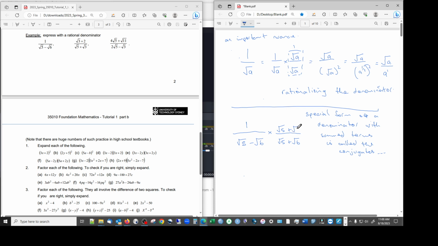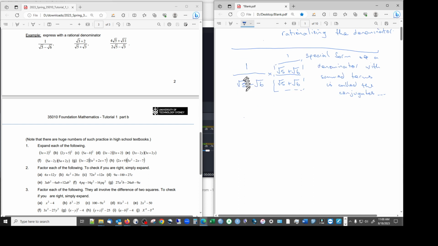So that's a really unique form of 1, isn't it? So we're not changing this at all. It remains fixed. So that's good. Now, what we'll recognise, of course, is that 1 times the top is just root 5 plus root 6.